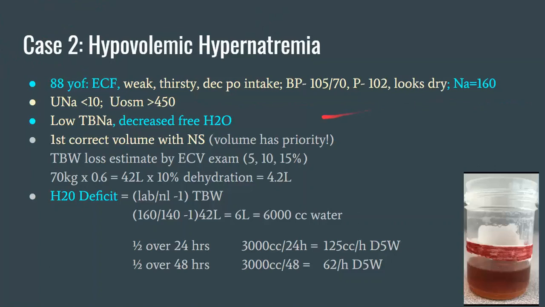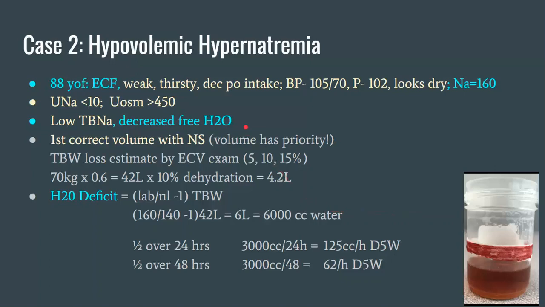Well, you look at her, and this is your mental picture of her. Her volume status is low. We can see this in this picture. But the concentration is high. The sodium is high, but all that tells you is that there is a deficiency of free water with this patient. Okay?